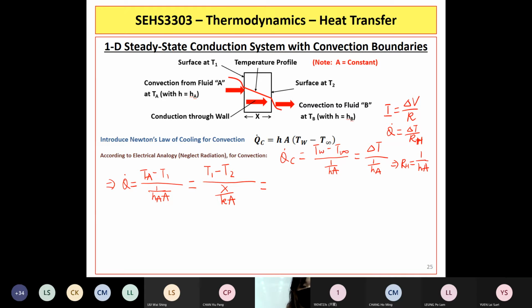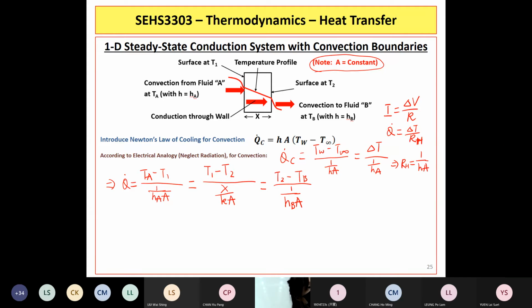This part, convection from the surface to fluid B. So that is T_2 minus T_B over 1 over h_B times area. Here, note that area is constant for this problem.